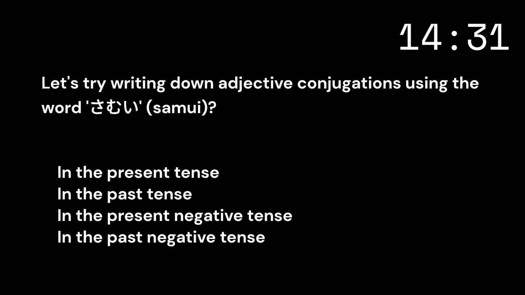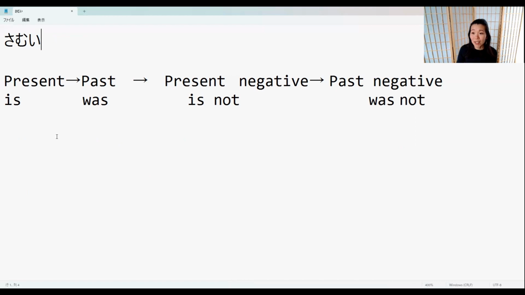Let's start. はい。では答えを確認しましょう。Let's check the answer. 寒い is simply present tense 寒いです. Then the past is 寒かった. Then present negative, isn't, is 寒くない.